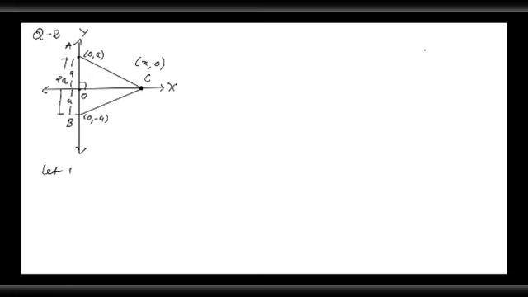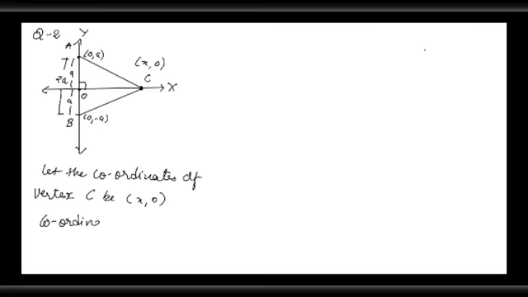So let the coordinates of vertex C be x comma 0. This x can be positive or negative, and accordingly it will lie on the positive side of the x-axis or the negative side of the x-axis.